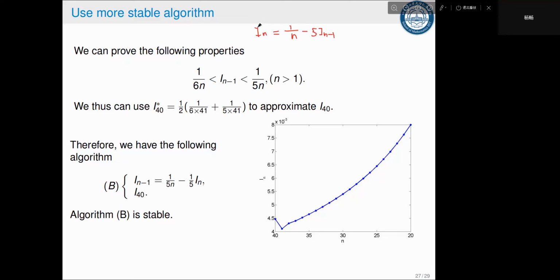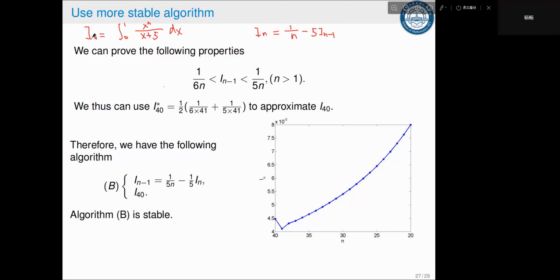Remember that I_n is nothing but the integration of x to the power n over x plus 5 dx.